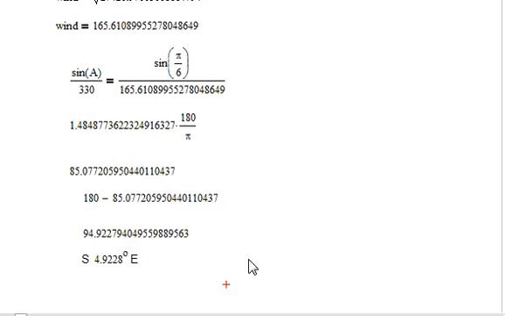That is the direction of the wind, almost coming from the north. That's the direction the wind is blowing. Okay, we've got that one licked. A nice refresher for the law of sines in the ambiguous case, I hope.